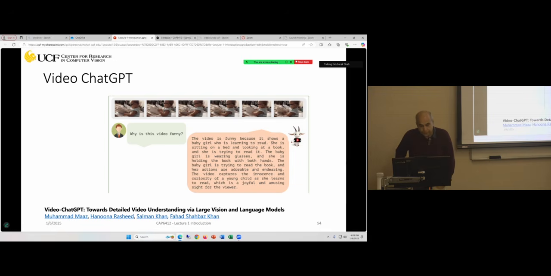The baby girl is wearing glasses and holding the book with both hands. Her actions are adorable and endearing. The video captures the innocence and curiosity of a young child as she learns to read, which is a joyful, amusing sight.